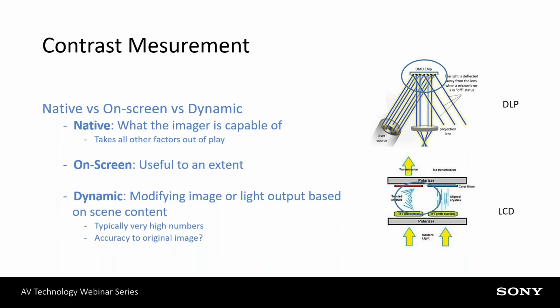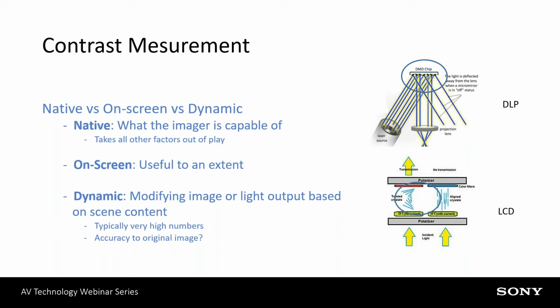And then there's dynamic. Dynamic means it changes. Basically it's a method in which I will manipulate either the light energy or the image level going through the projector to match the scene content to enhance contrast. So in other words, if I'm watching a movie that has a very bright scene, I may take an iris and open up the light path a little bit more.